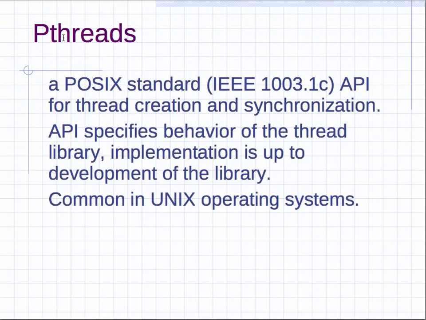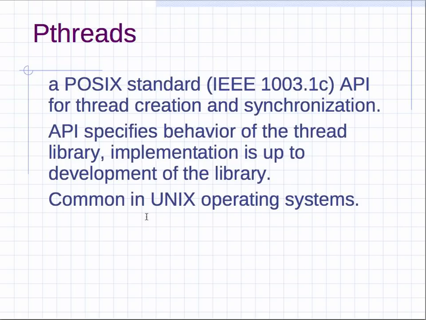Pthreads, we will very briefly look at in the lab, although in the interest of time, we're not going to do a whole lot with this. This is a POSIX standard API for creating and synchronizing threads. The API, that is the Application Programming Interface, specifies behavior for the thread library, but the implementation is up to however the library is implemented.